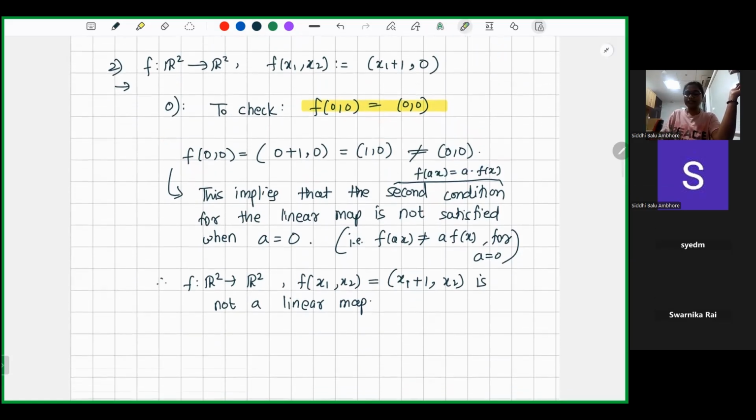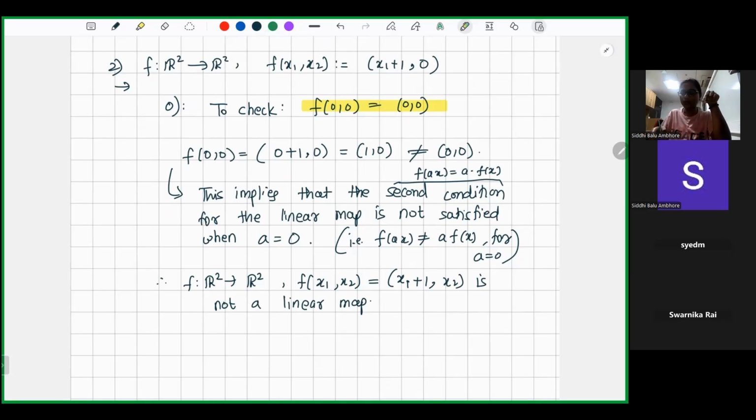Even in this map, you could have started with addition and scalar multiplication, and then you would have got maybe x1 plus x2 plus 2, which is not equal to x1 plus x2 plus 1. This is in the domain and this is in the codomain, and eventually you will get that this is not linear. But this 0, 0 condition actually helped us. It just saved us our time, nothing else. You can just ignore this.